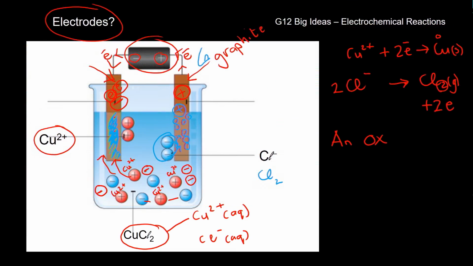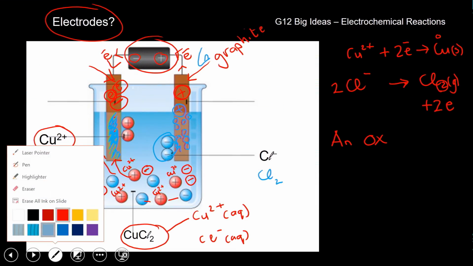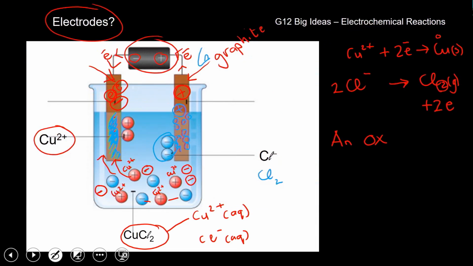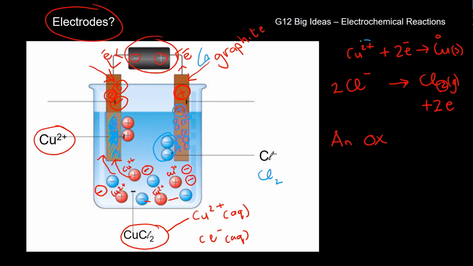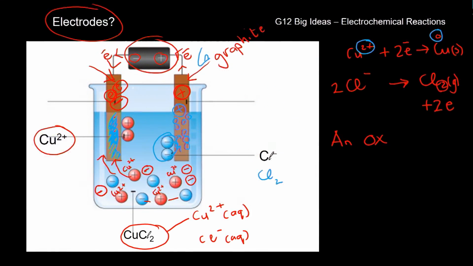How will we know where oxidation is taking place? We need to look at the oxidation numbers of these half reactions. So copper starts off as 2+ and it ends up as 0. That's not getting more positive. The oxidation number isn't increasing, it's actually decreasing. So that's not what we're looking for.